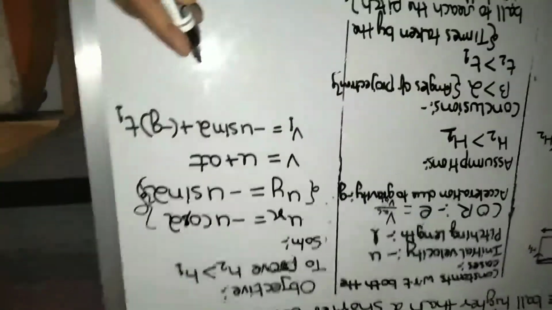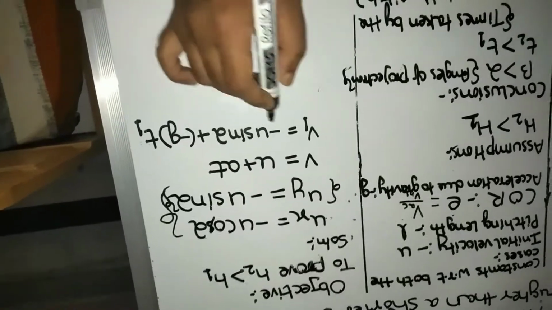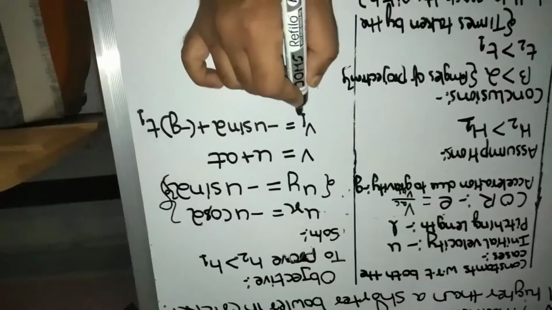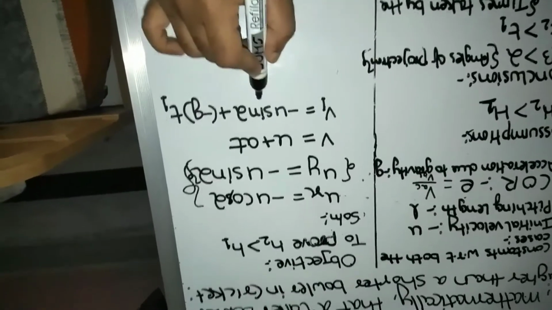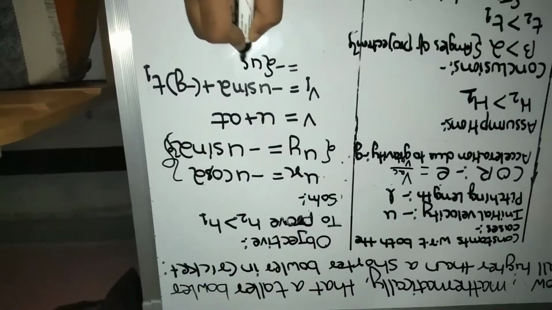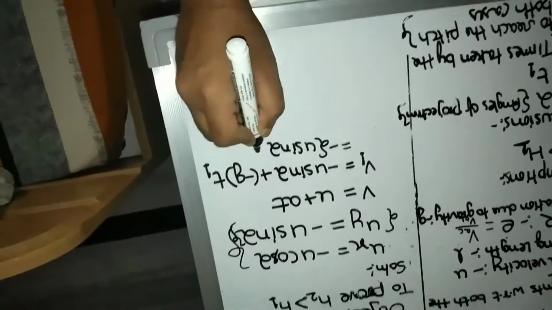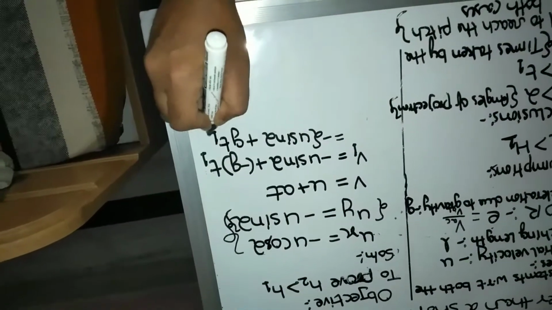So, in the case 1, we have the vertical component of the velocity right before the ball hits the ground as minus u sin alpha, negative of u sin alpha, plus g t1.